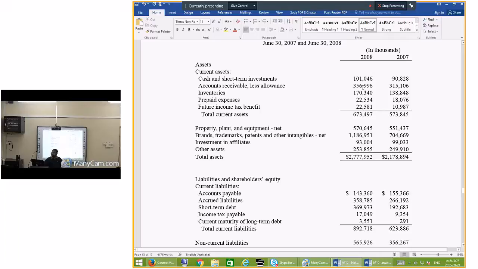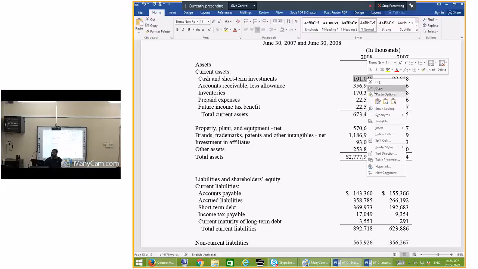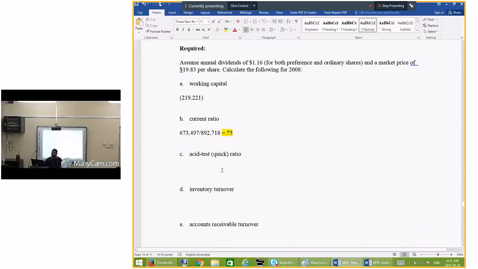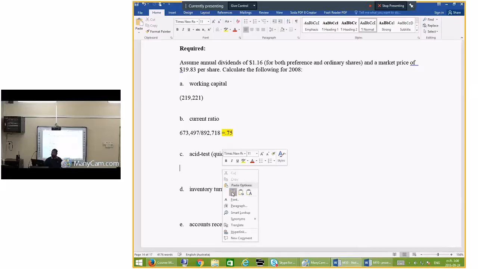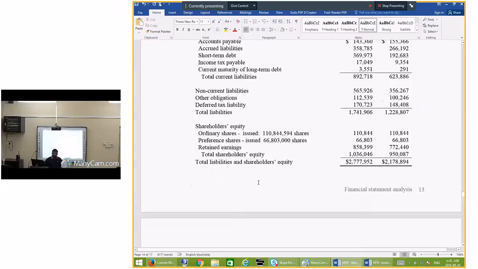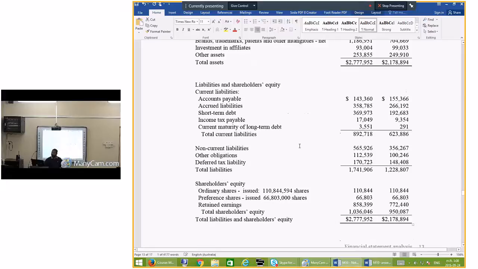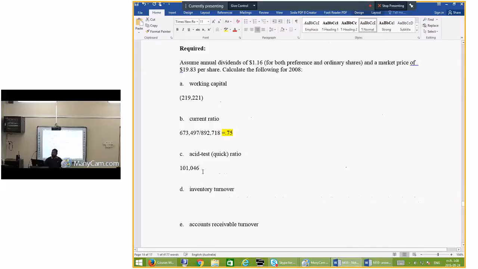Short-term investment is a quick asset, and accounts receivable is also a quick asset. And inventories, prepaid expenses, and future income tax benefits are not quick assets, because all these figures cannot be converted into cash quickly.